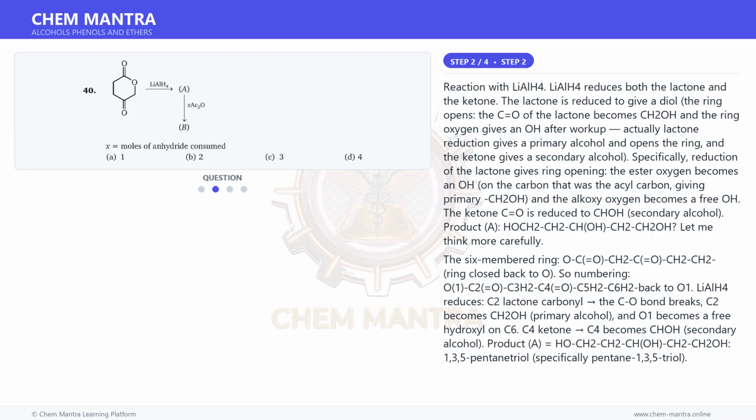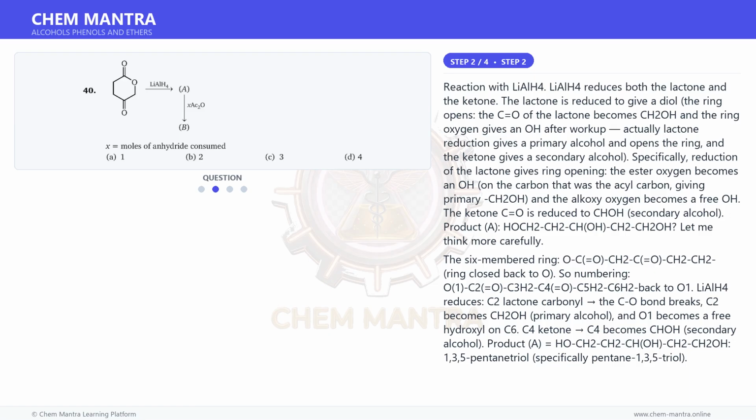Reaction with LiAlH4. LiAlH4 reduces both the lactone and the ketone. The lactone is reduced to give a diol. The ring opens, the C=O of the lactone becomes CH2OH and the ring oxygen gives an OH after workup. Actually, lactone reduction gives a primary alcohol and opens the ring, and the ketone gives a secondary alcohol.